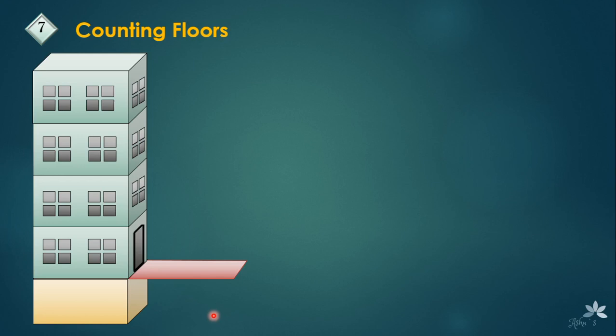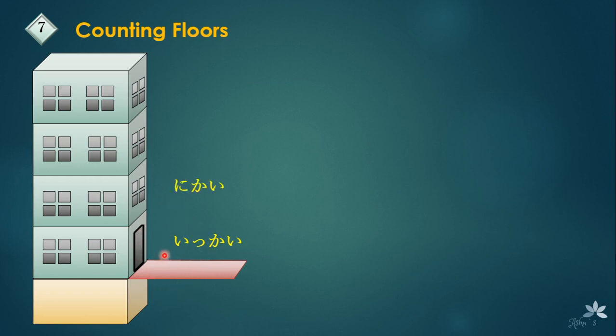Now let's go to our last topic, counting floors. In Japanese, counting the floor starts from the ground floor. The ground floor is referred to as the first floor. So the first floor, the ground floor here, is ikkai. The first floor for us will be the second floor for them.